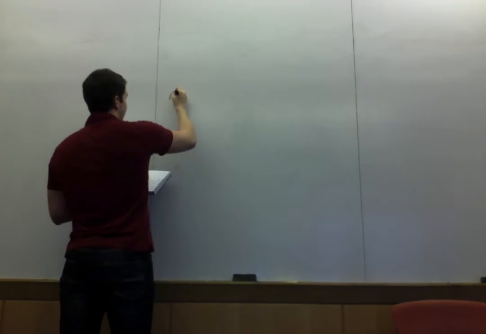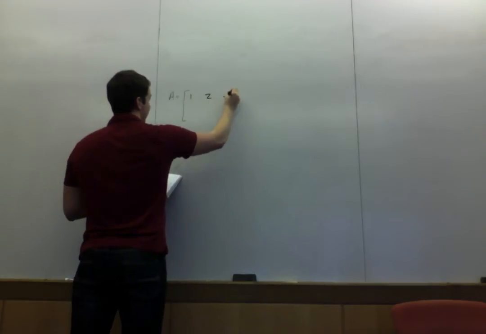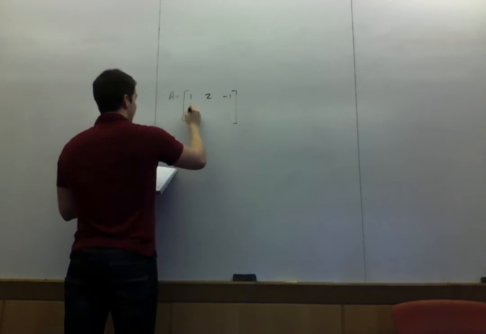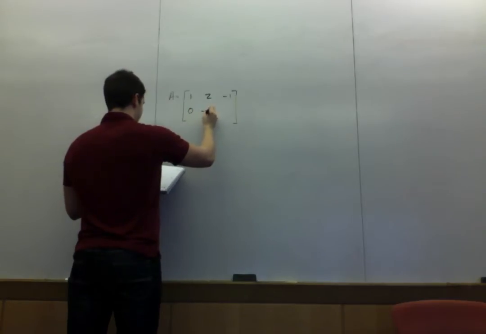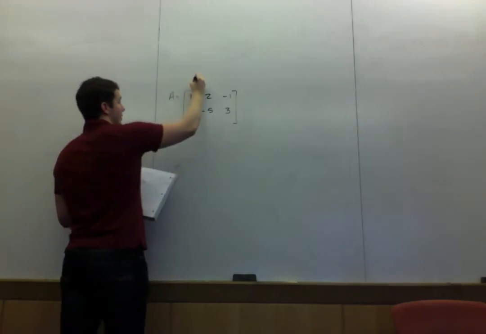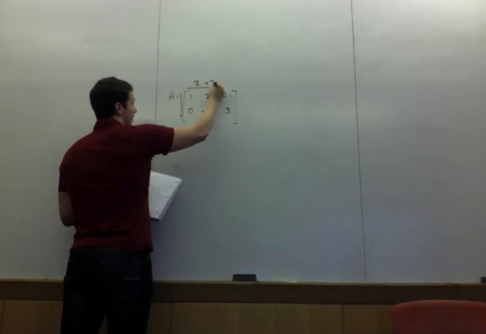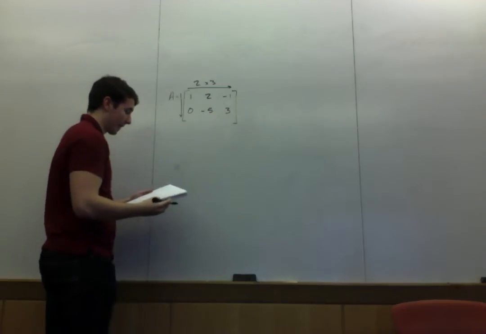So let's say our matrix A is [1, 2, -1; 0, -5, 3]. So our dimension here is 2 by 3.